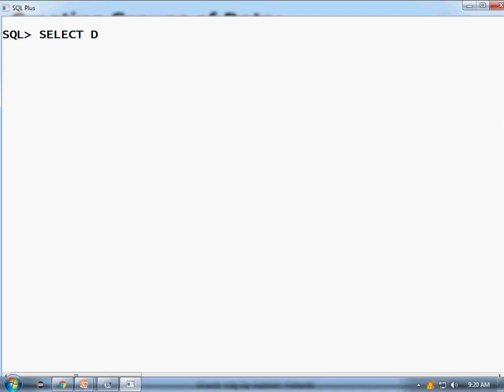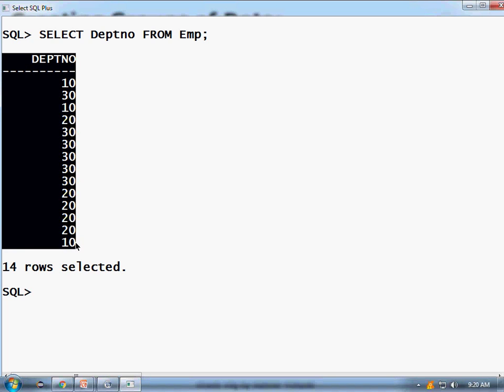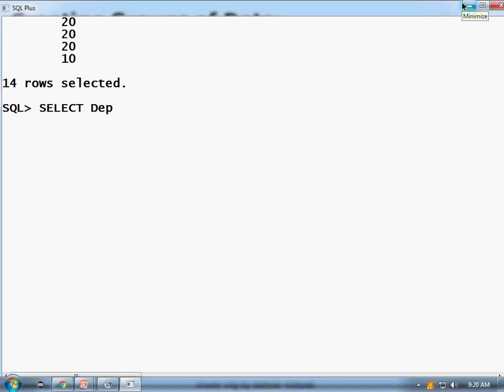Suppose you are having your data here with some department numbers from your EMP table. These are the total number of values that fundamentally exist as far as our departments are concerned, in which employees are recruited. Now I want to see my categories with respect to this.